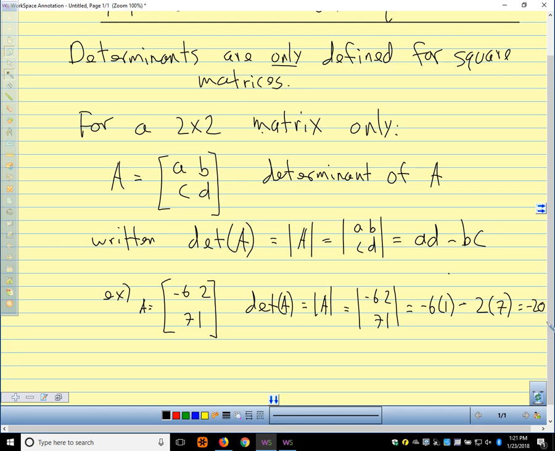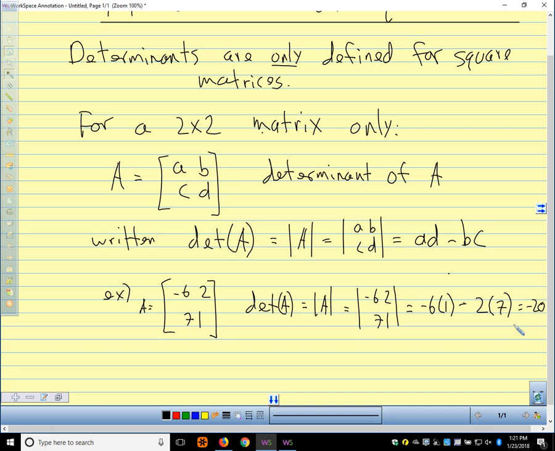It's just this quantity that we calculate. We use the determinant to help us figure out other things. We'll use the determinant to help us figure out an inverse. We can use a determinant to decide if a system of equations has a solution. We use it for various other things, but for now it's just a number.